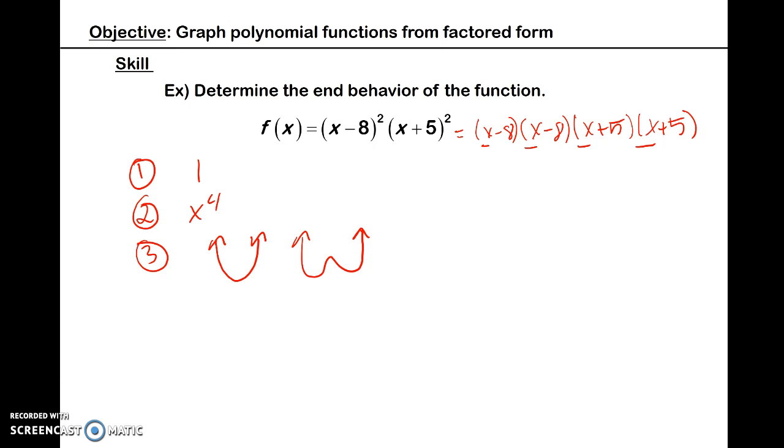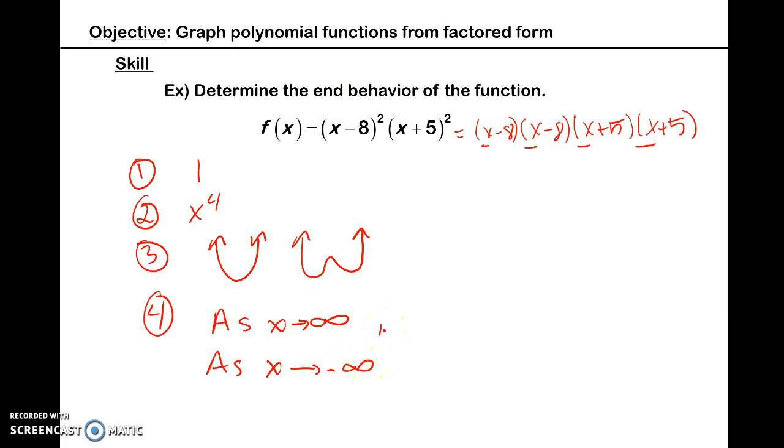We don't have a negative coefficient, so we're not going to be reflected down, and therefore our end behavior as x goes to positive infinity, and then also the same as x goes to negative infinity.